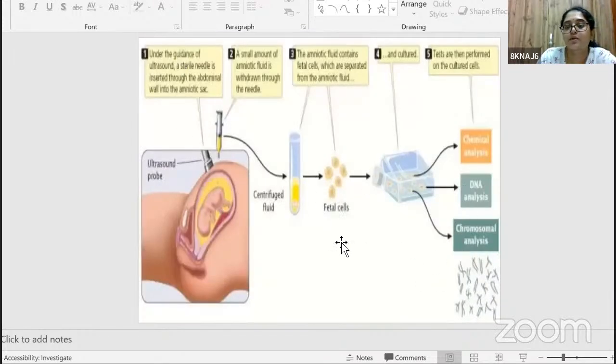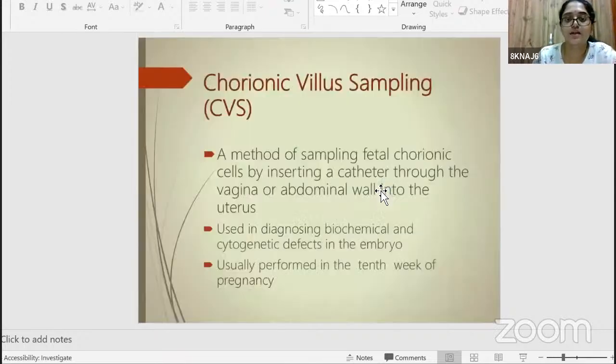This is how you perform the amniocentesis. With an ultrasound probe and an injection, you remove the amniotic fluid and then you centrifuge it. The fetal cells that are present inside are taken, cultured, then chemically analyzed, and then chromosomal staining for the karyotyping is done. So this is one procedure, amniocentesis.